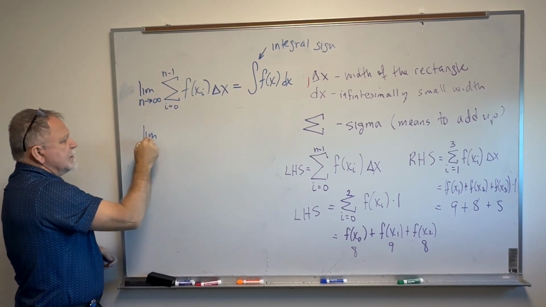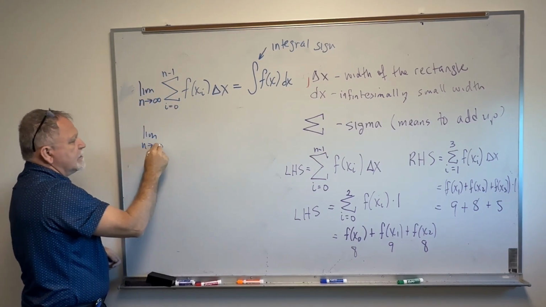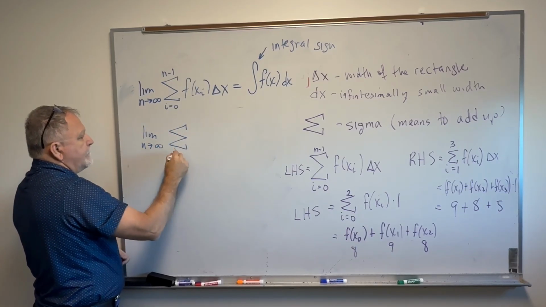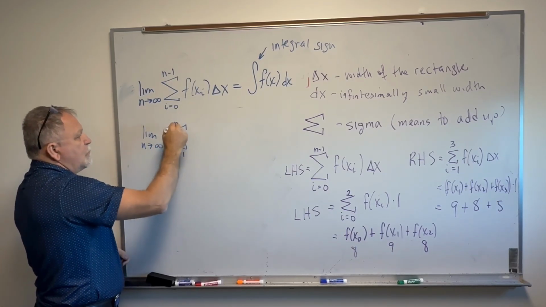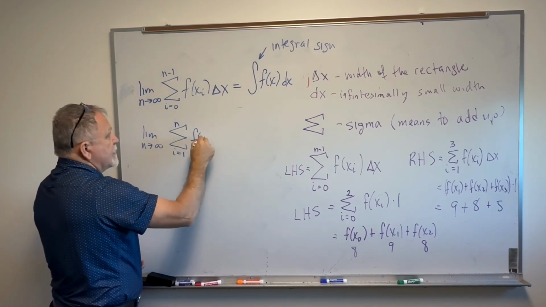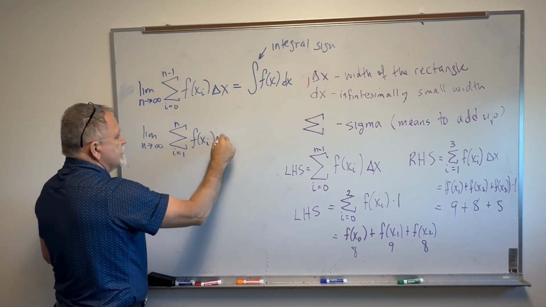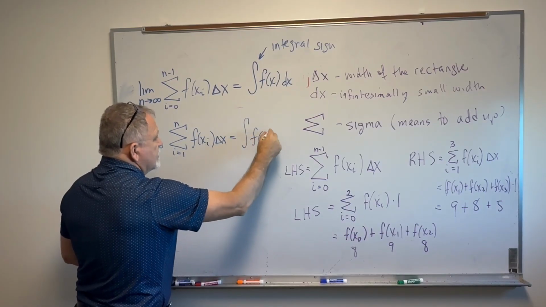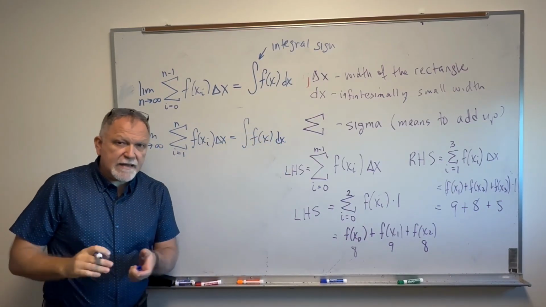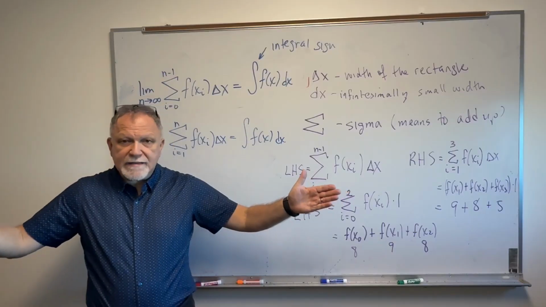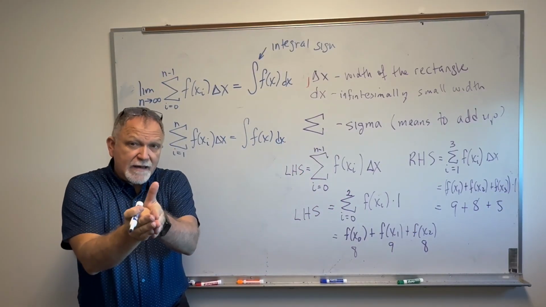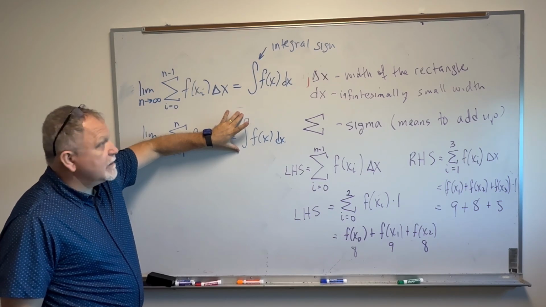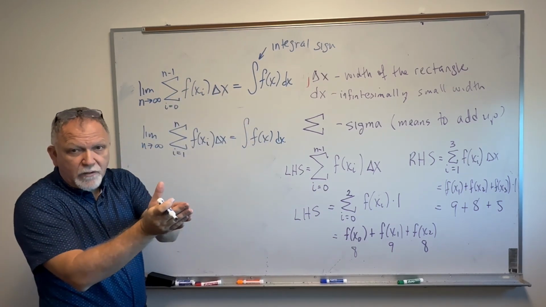And the right-hand sum, let's put the limit on that, of the sum from i equals 1 to n of f of x_i delta x, also equals the integral of f of x dx. So what we're saying is if we do the left-hand sum or right-hand sum and we're using infinitely many rectangles, we will get the exact area. And both the left and right will be the same values.